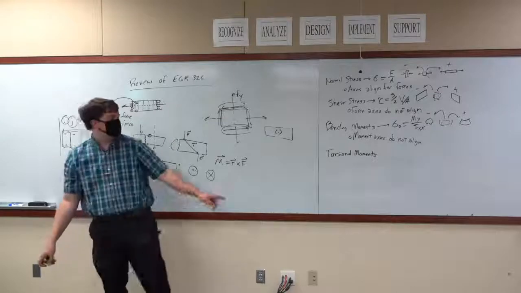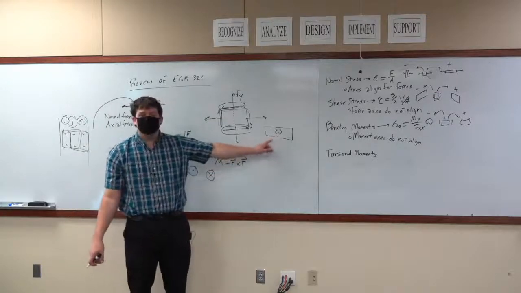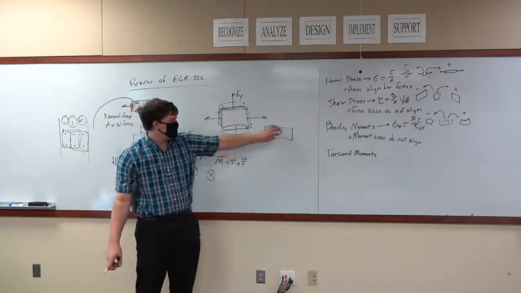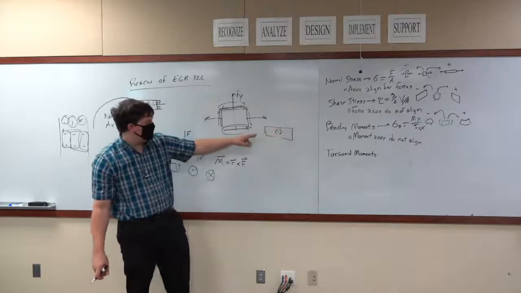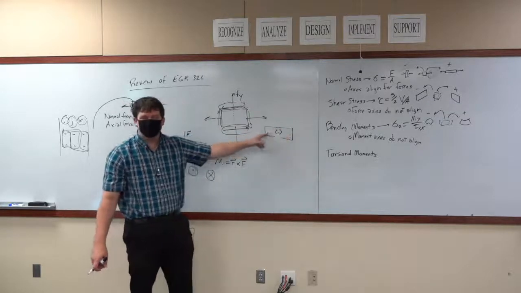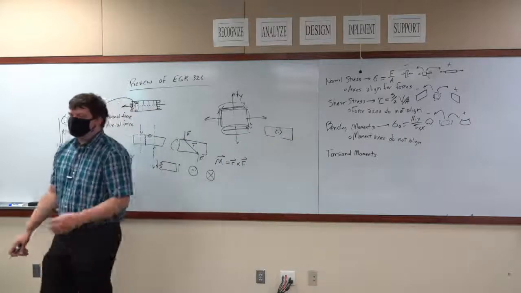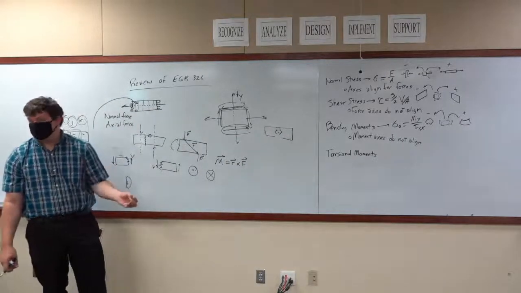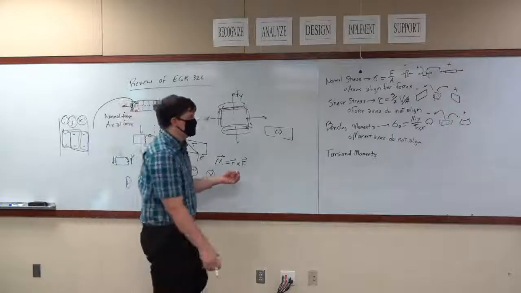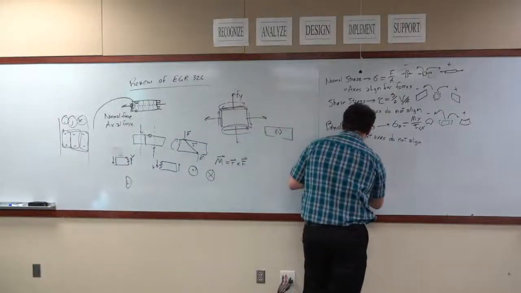And in fact, this moment load does not exist outside of this real central area. You don't have some moment that's needed over here or here to counterbalance that. These axes are aligned, and this is called the torsional moment. Okay?